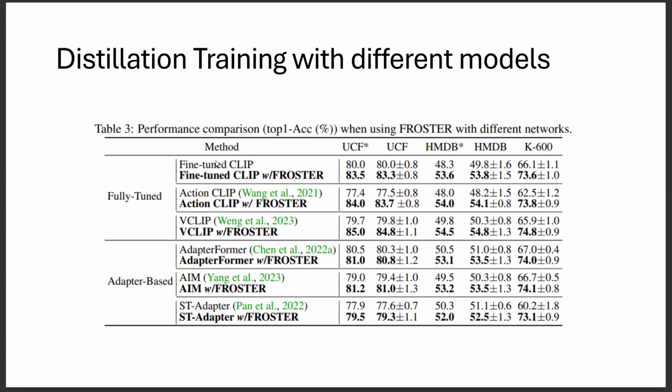Even if they use just the original CLIP with that distillation method, it improves the performance in all settings. Also for action CLIP and V-CLIP, pretty much in all settings. If they use that distillation method, the student model gets much more generalizable compared to the existing model.